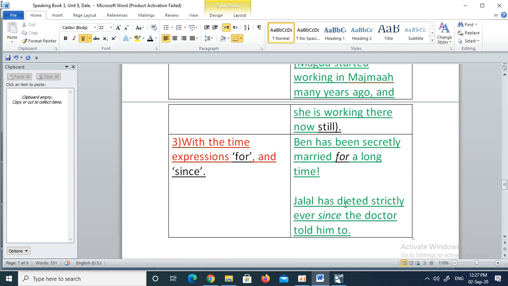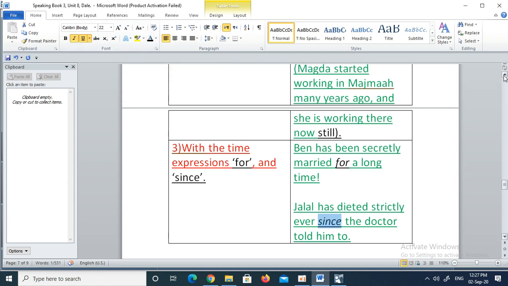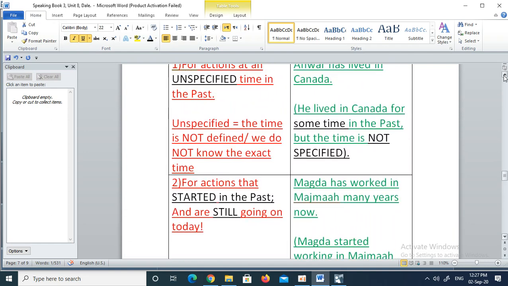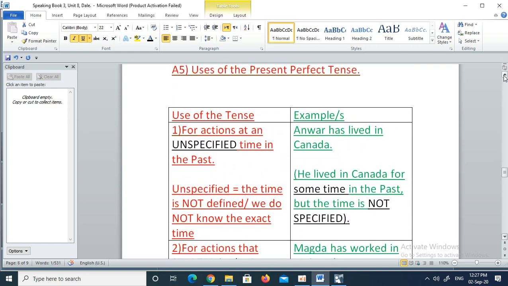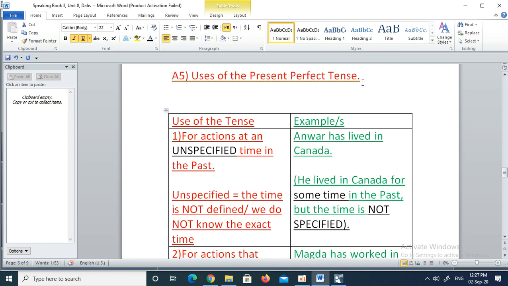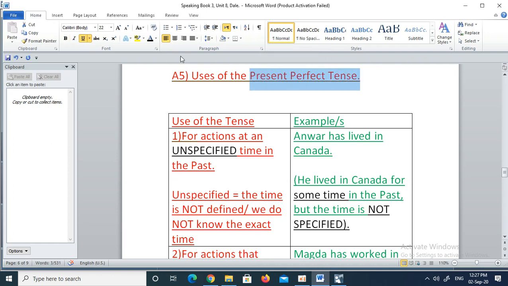Jalal has dieted. Dieted is the past participle of the verb to diet, so it's present perfect. Jalal has dieted strictly ever since the doctor told him to. So those are the three most common occasions when you will use the present perfect tense. Okay.